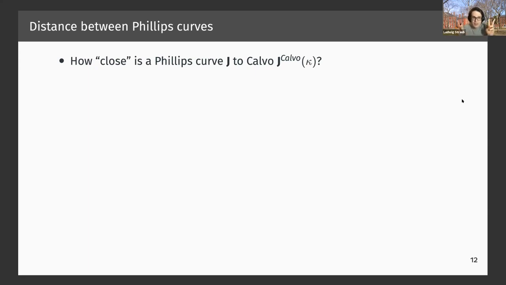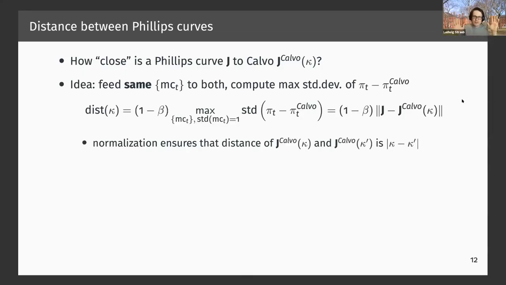And so to answer this question of how close they are, we need some measure of proximity. And so the easiest one that we can think of is the following. Imagine you have two J's, two Phillips curve Jacobians, one for a menu cost model and one for a Calvo model for some kappa, okay? What we're going to do to get some measure of distance between those two Phillips curves is feed in a marginal cost shock, and let's normalize that to have a standard deviation of 1. And then with that specific shock to marginal cost, we're going to compute the difference of the inflation responses across the two models, right?